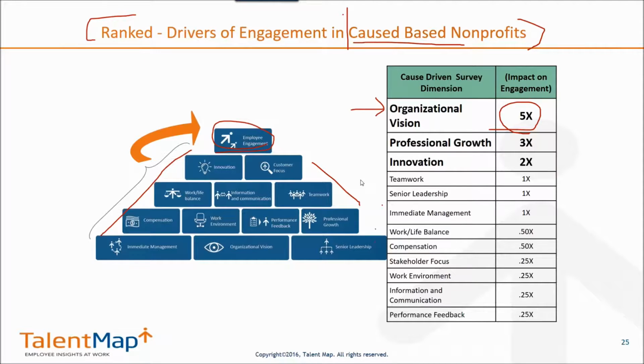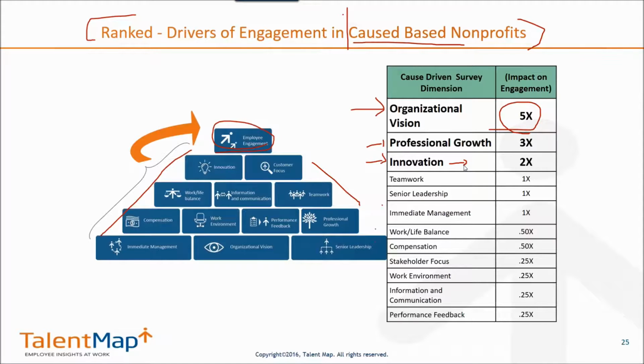People want to believe that what they're doing has a greater impact on society, and they join that organization because they believe their job is going to have an impact on something greater than themselves. The second most important is professional growth. Not surprising. People, as humans, always want to learn and grow. And the third one is innovation. That's sometimes interesting.